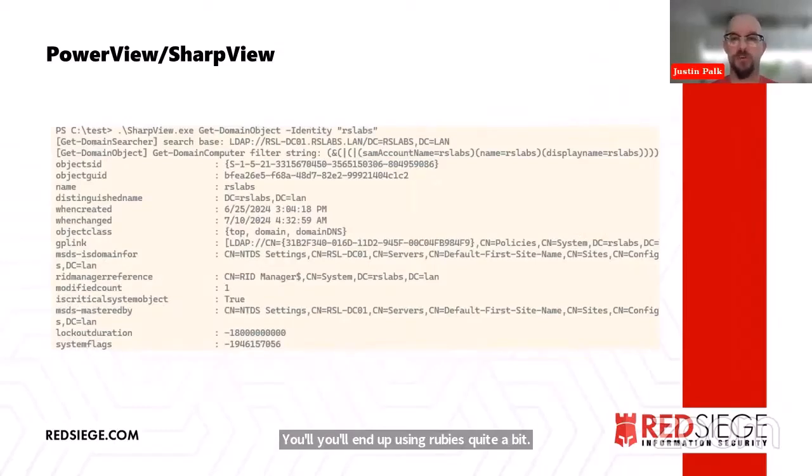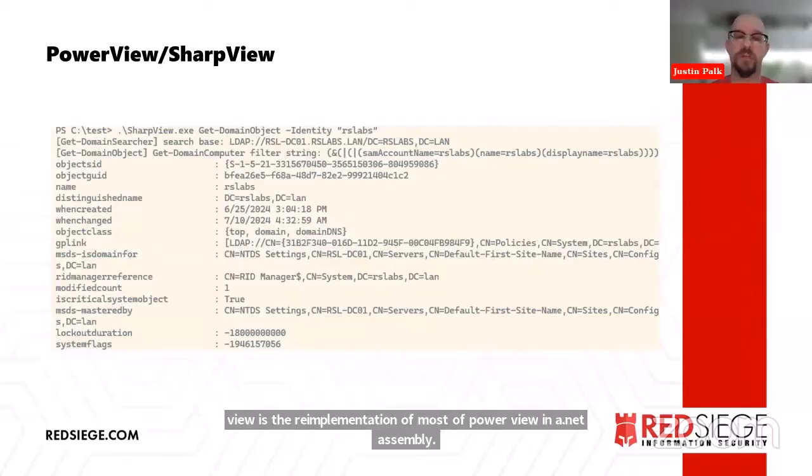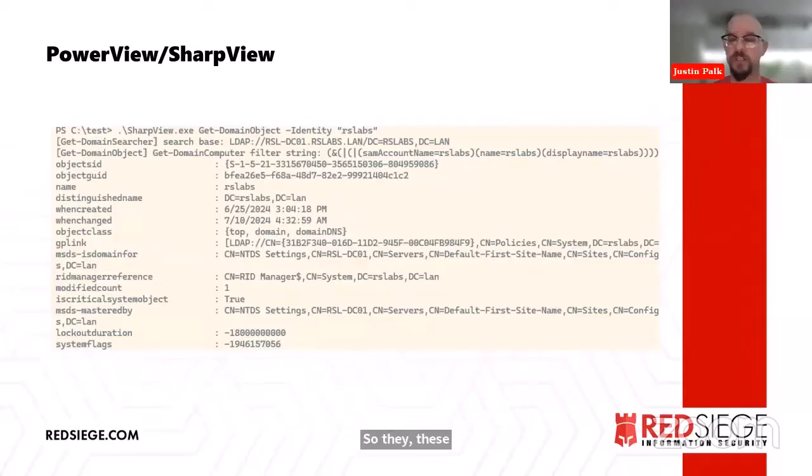PowerView and SharpView. These are more often used for actually manipulating things inside of the Active Directory itself. PowerView is the PowerShell-based tool that was part of PowerShell Empire. SharpView is the re-implementation of most of PowerView in a .NET assembly. So these tools will both let you do things like query specific information out of Active Directory.